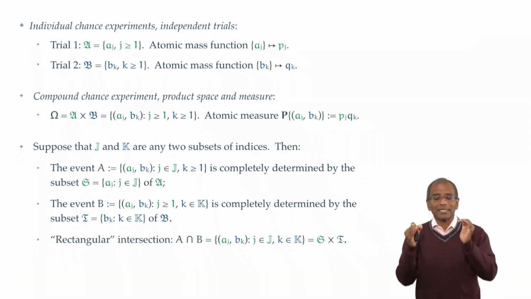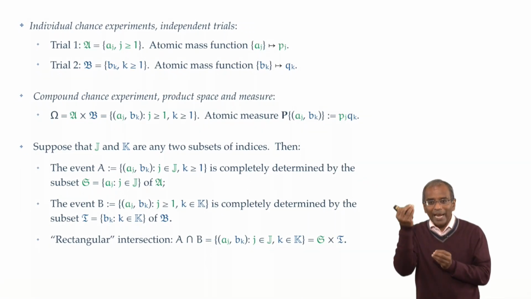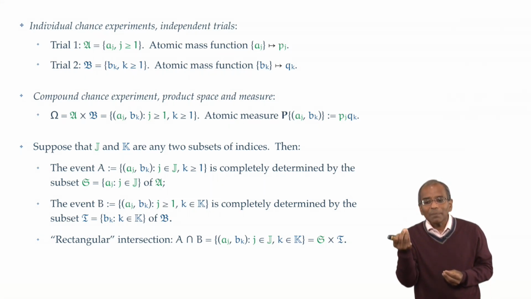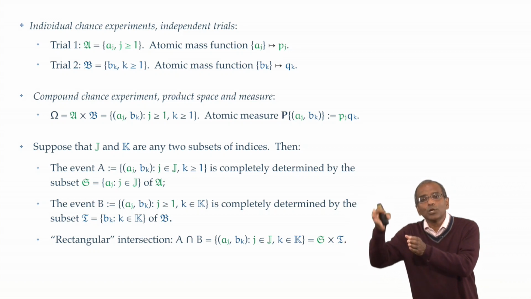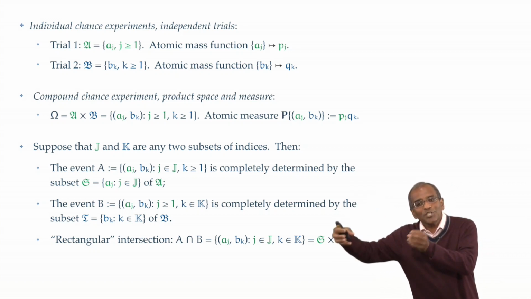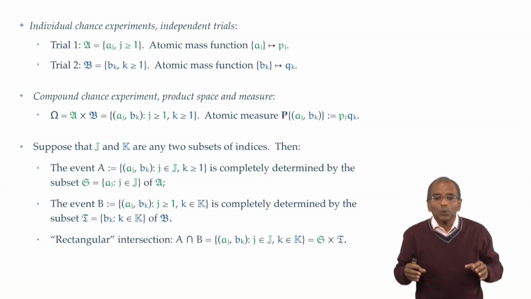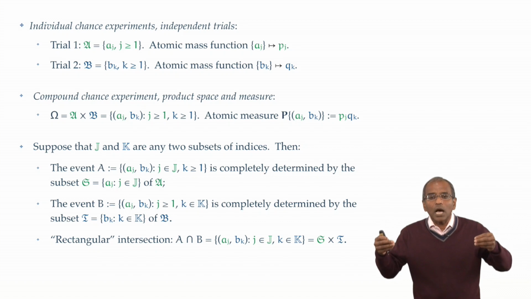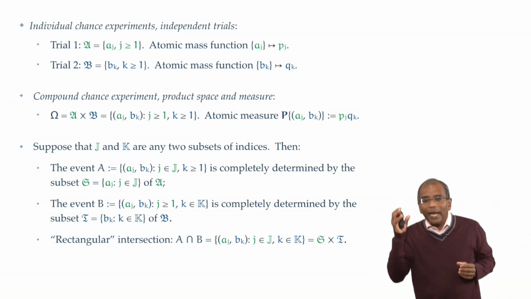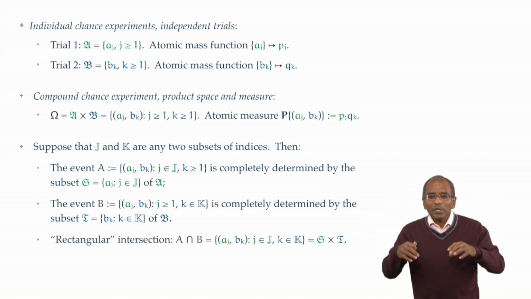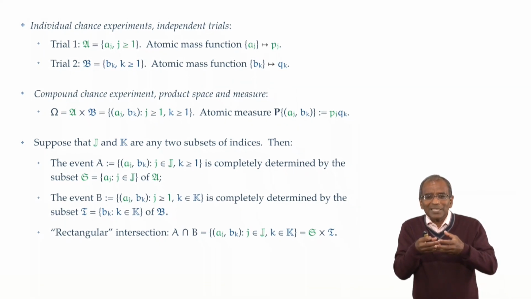A intersection B is now a subset of ordered pairs, A sub j for the first trial, B sub k for the second trial, where A sub j is in the tagged group of the first trial and B sub k is in the tagged group of the second trial. In other words, now the first and second trials are not both unfettered. A sub j has to be in one of an identified subgroup, B sub k has to be in one of an identified subgroup. We'll call such intersections rectangular for simple graphical reasons.